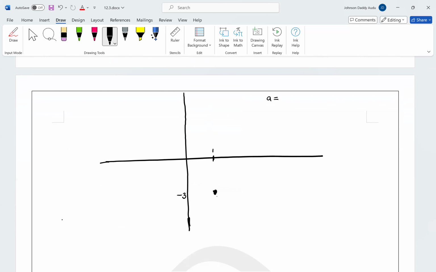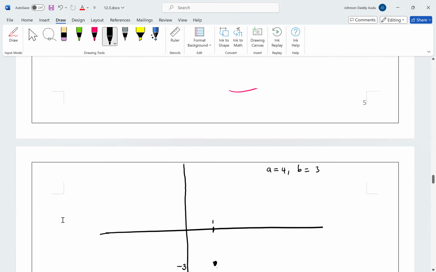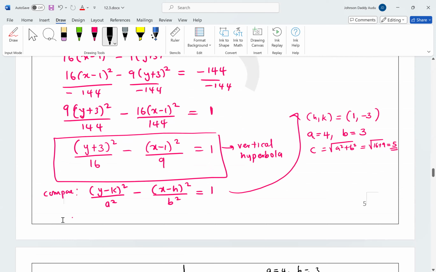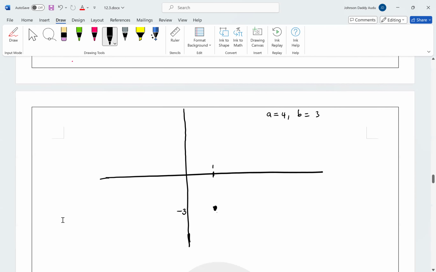Our a is 4 and b is 3, right? Yes, a is 4, b is 3. So from the center, we have to go vertical a distance of 4. Remember, this is already minus 3. If this is minus 3, when you go up 3, you'll be at 0. So you're going to be somewhere here. So this is going to be one of our vertices.